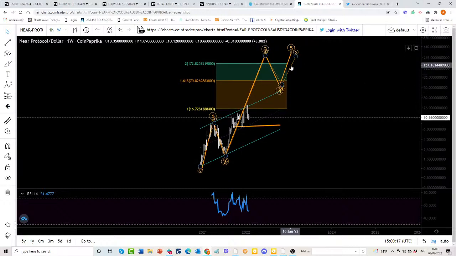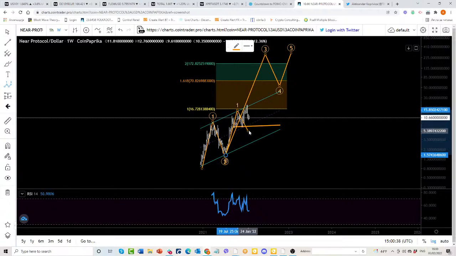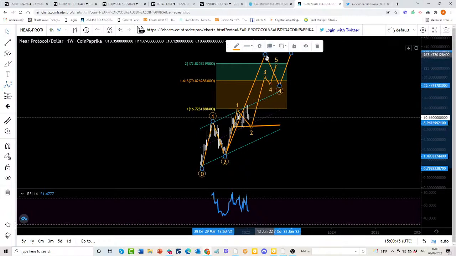But when some of the things start to develop and potentially break on the upside, instead of counting this as 3 waves only, I will give it more chance to prove its worth and actually display potentially a flat here in a wave 2 and then start breaking higher for this wave 3 on the upside. Okay, that will have some logic.